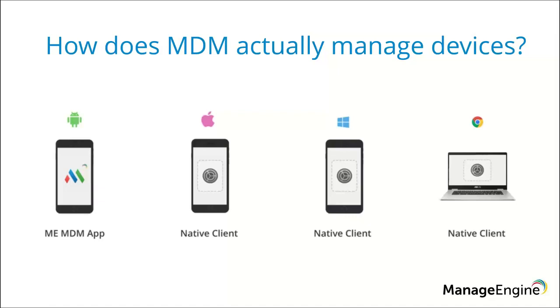And when it comes to Apple, Windows, and Chrome devices, you don't necessarily need to deploy the app, but you just need to download the MDM profile and install it, which will use the native OS client available on these devices, through which you'll be able to manage them. So it does not necessarily need an app. You just need to deploy the MDM profile on the OS, through which you can manage.